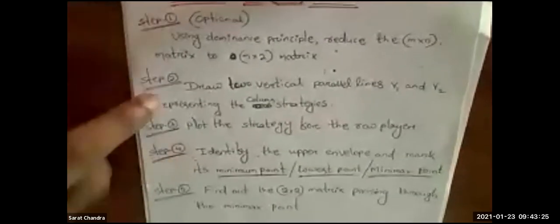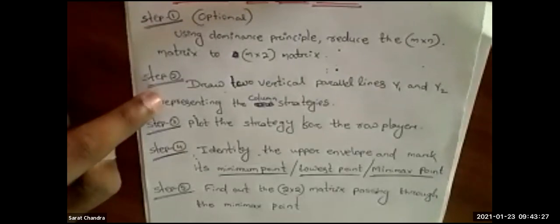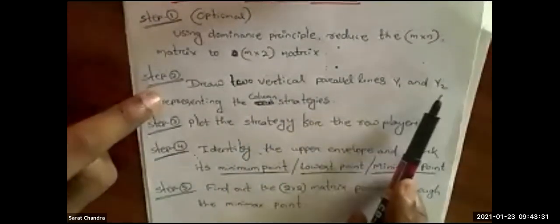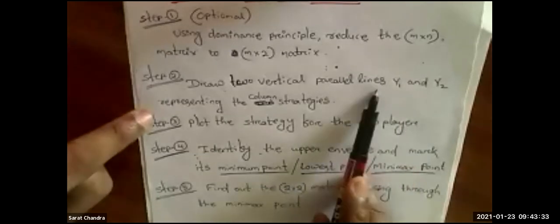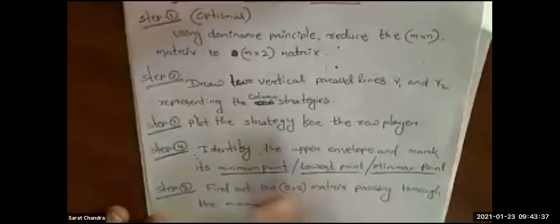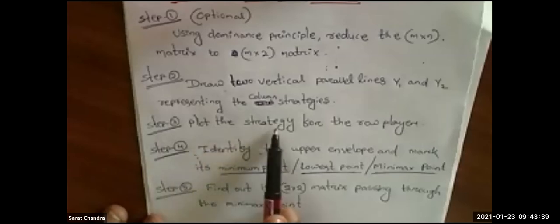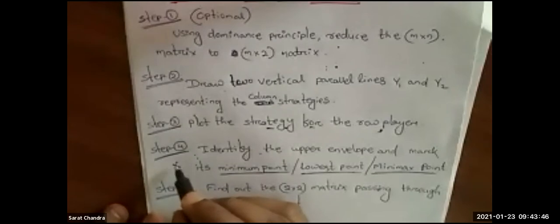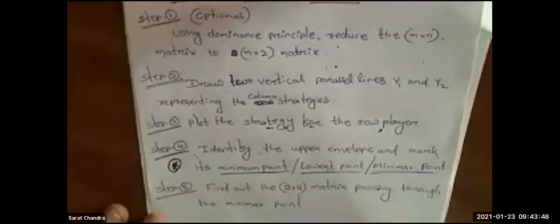Then in step 2, here also you have to draw 2 vertical parallel lines, y1 and y2, and this will represent the column strategy. Similarly, in step 3, we have to draw the strategy for the row player. The difference is in step 4.